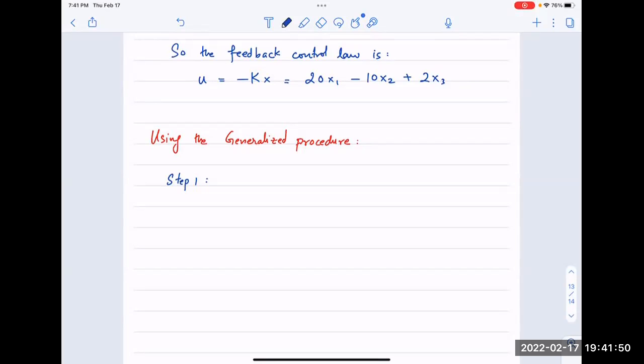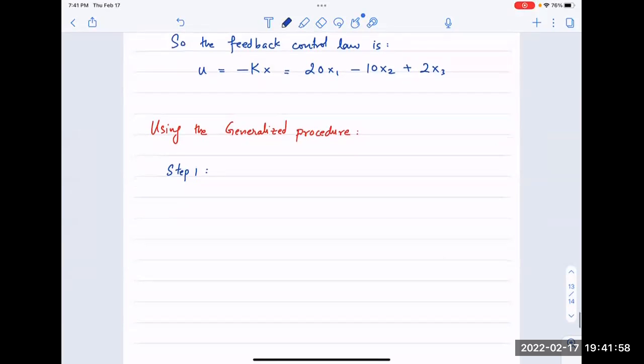And you may argue, why don't we solve the dynamics of X using, remember we did a solution to the state using initial conditions and so on, and transition matrices.